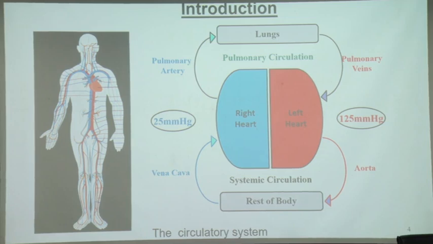On the arterial side, the average pressure is around 120 to 125 millimeters of mercury. If you take a blood pressure measurement, you have a systolic and diastolic blood pressure, right? And when it returns through the venous system, the blood pressure drops to roughly about 25 mmHg. So the system operates in this way.